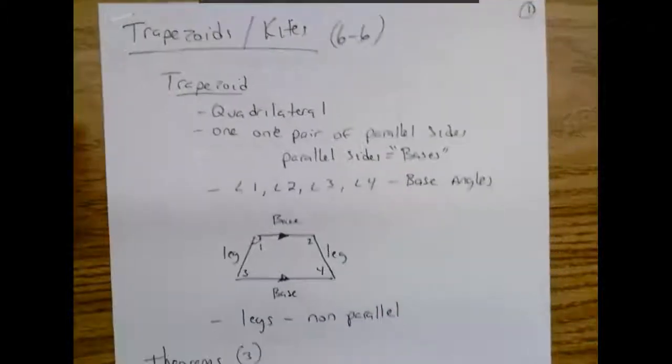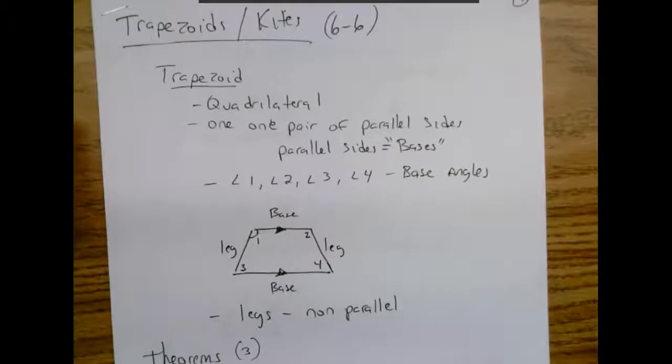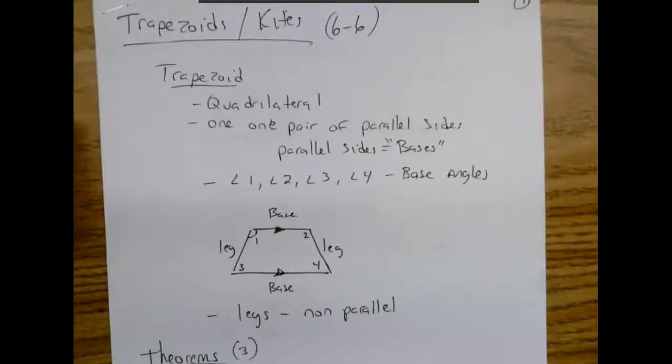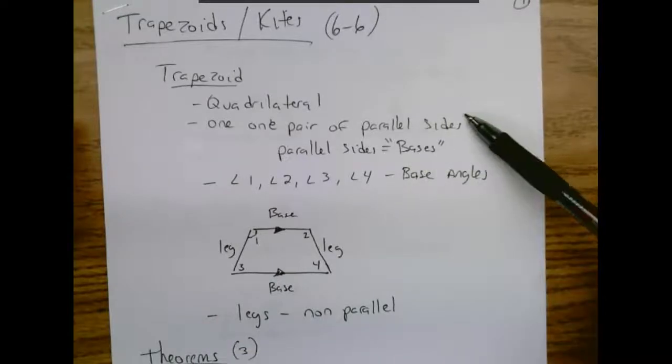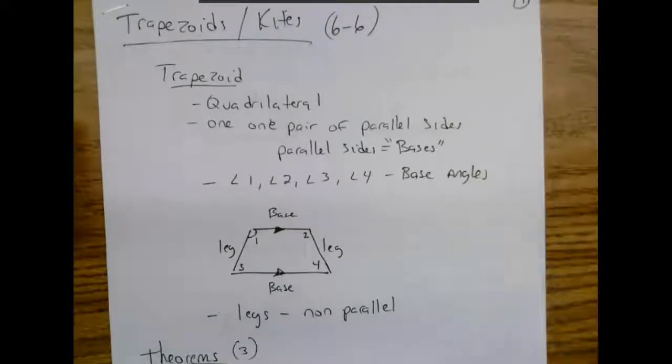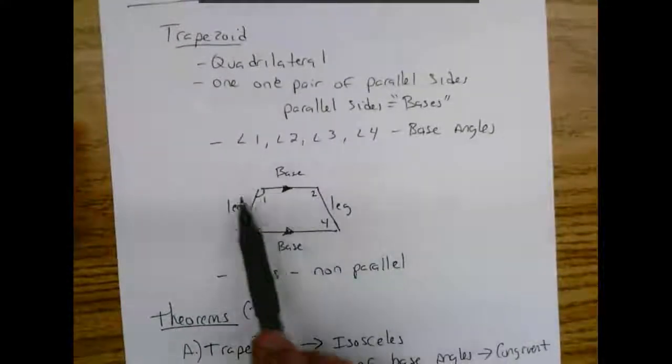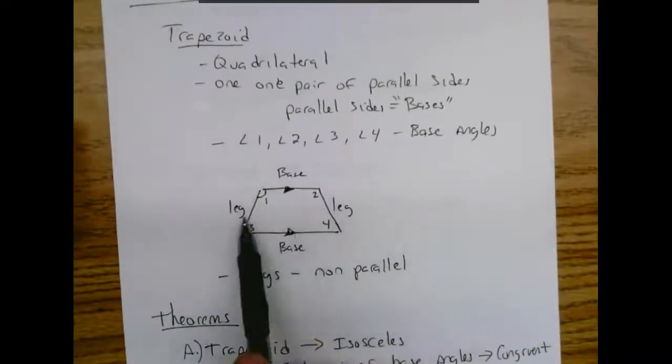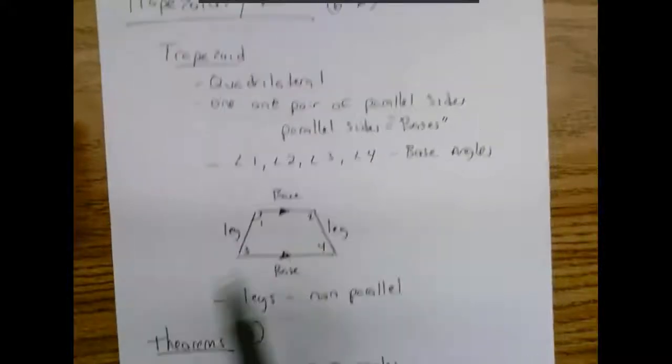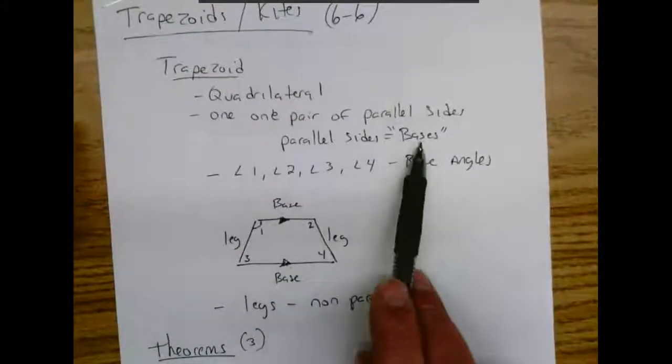So first of all, if you have a trapezoid, we know for one thing it's a quadrilateral, right? But then we also know that one pair of the sides are parallel. So if we look at this one here, these two are parallel, these are not. And then we call those parallel sides bases.